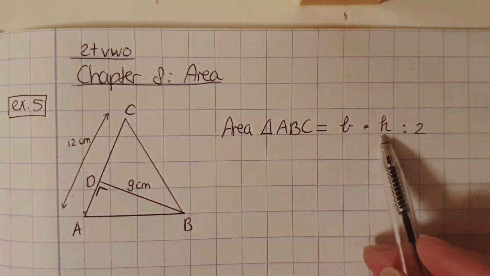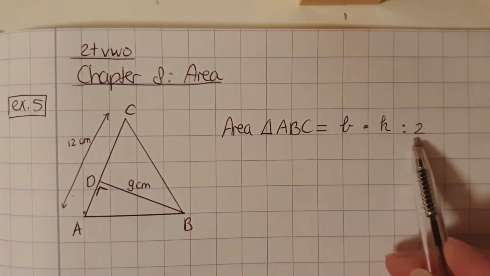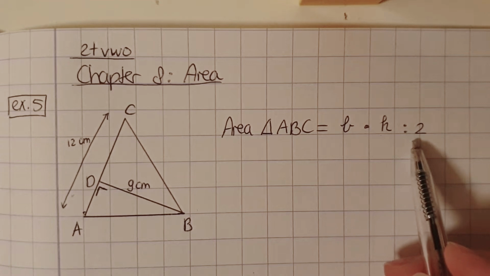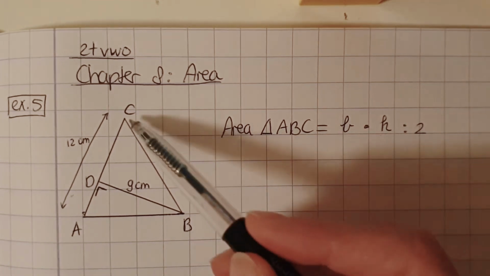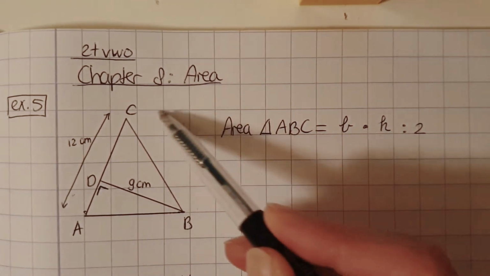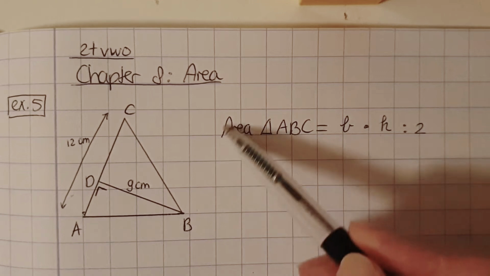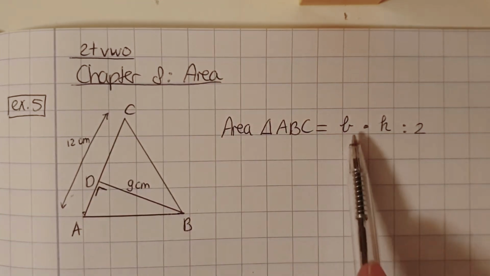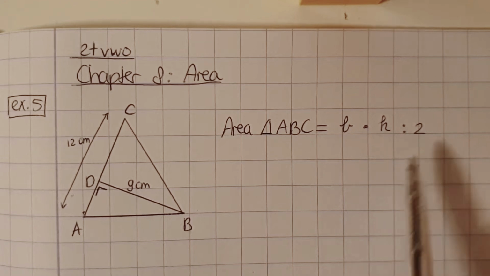So you always look for the 90-degree sign and you do divided by 2. Why divided by 2? Because when you don't do divided by 2, you're actually calculating the whole rectangle, if it was a rectangle. But it isn't, it's a triangle, which is actually half of it. So that's why you're doing base times height divided by 2.